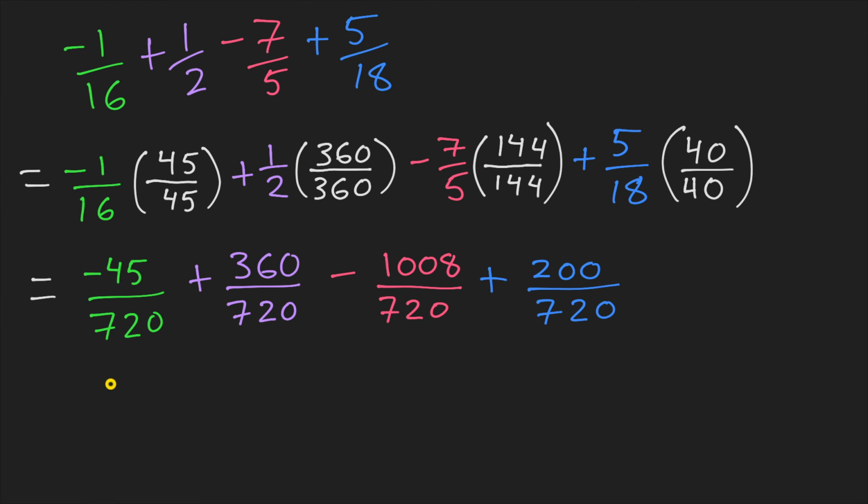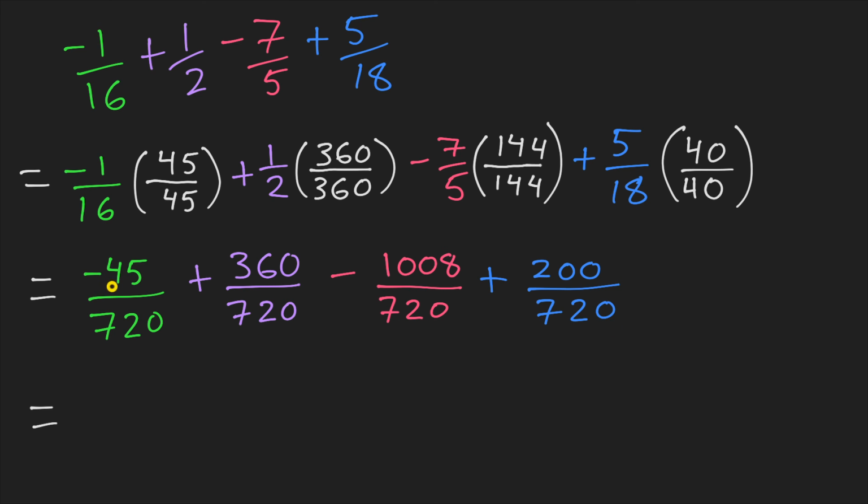And so we're almost done here. All we have to do is just perform the arithmetic. In this case, now all of our fractions are converted to equivalent fractions that have the same denominator. In fact, they have the least common denominator, 720, as their denominator.